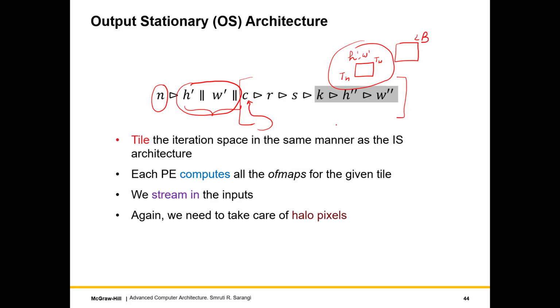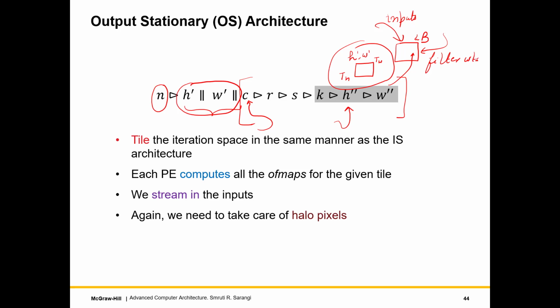So in this case, let us keep it cached for all the OF maps, because all the output iterators for that tile are cached. What we need to do is bombard this with inputs and filter weights, right?